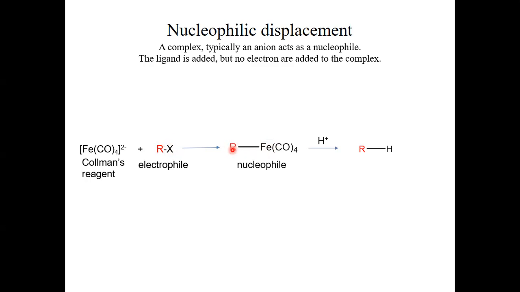So for that reason, we can perform various reactions that give us new organic molecules. In the most simple case, we can just add an H+, and that gives a simple alkane.